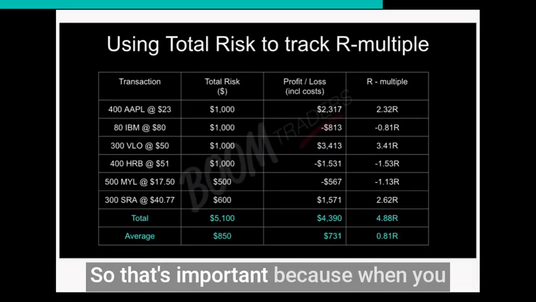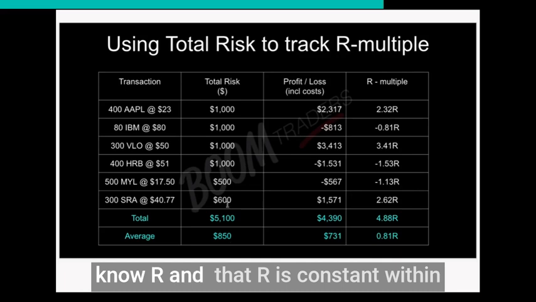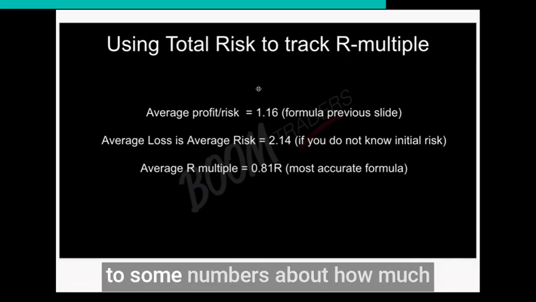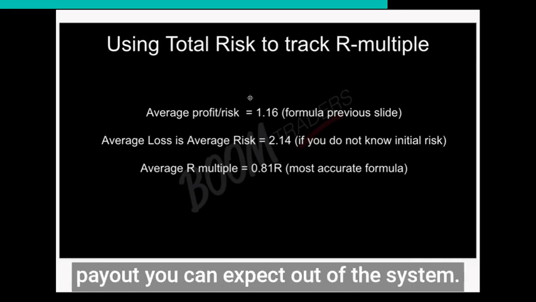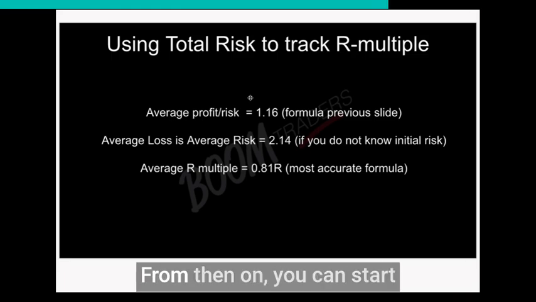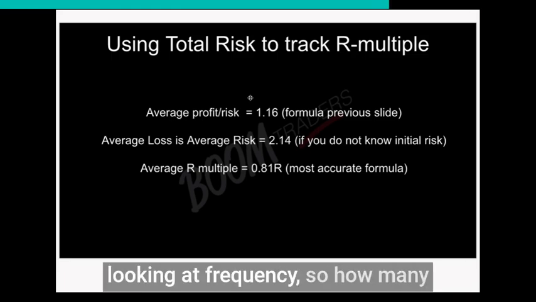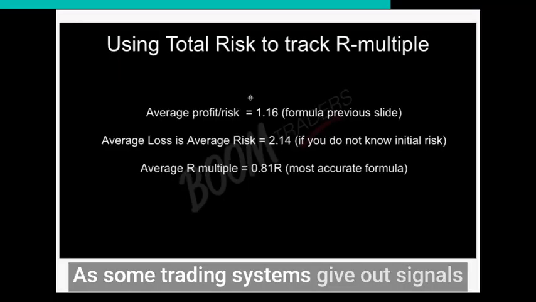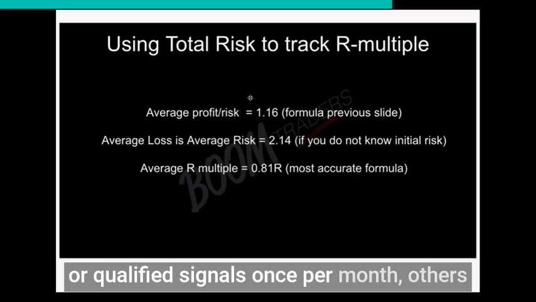So that's important because when you know R, and if that R is constant within your trading system, you can start getting to some numbers about how much payout you can expect out of a system if you make 100 trades. From then on, you can start looking at frequency. So how many trades does your trading system print? Some trading systems give out signals or qualified signals once per month.